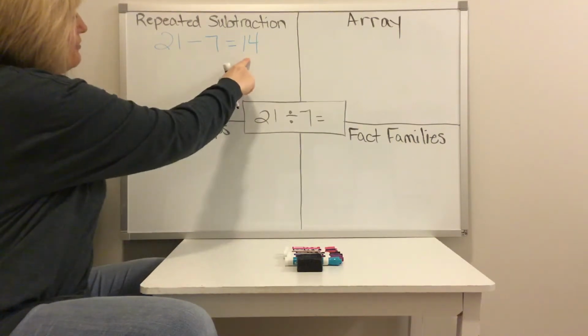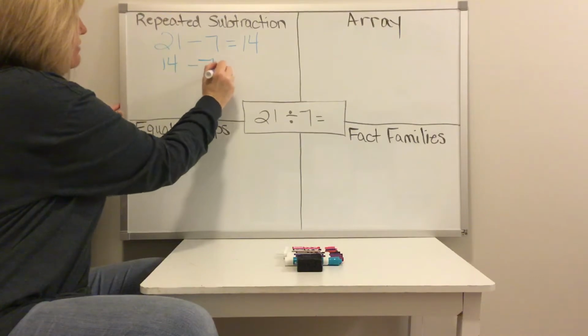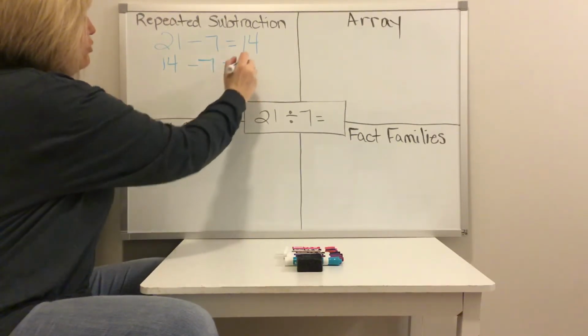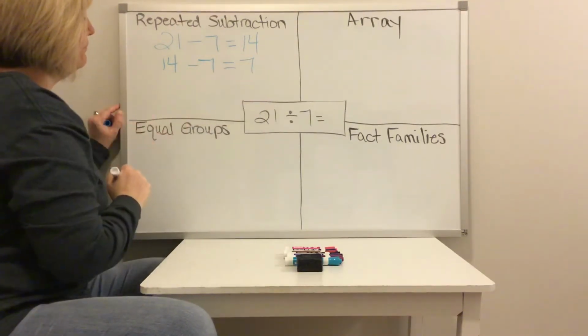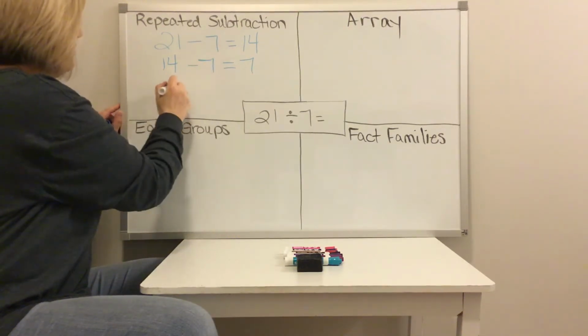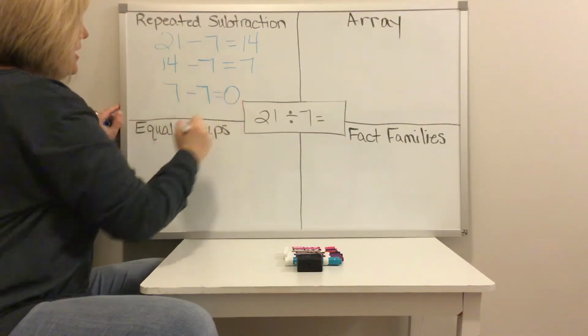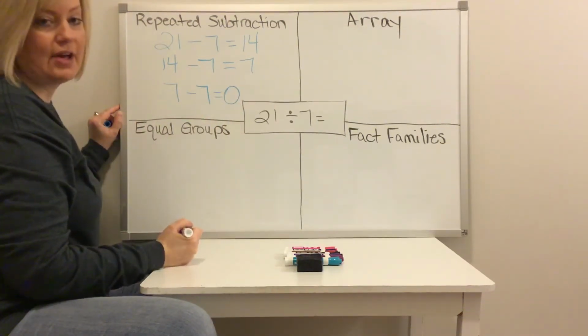So now I take 14, subtract 7 again, and that will give me 7. I keep going until I get down to 0, so now I take 7, subtract 7 from it, and now I've got nothing.